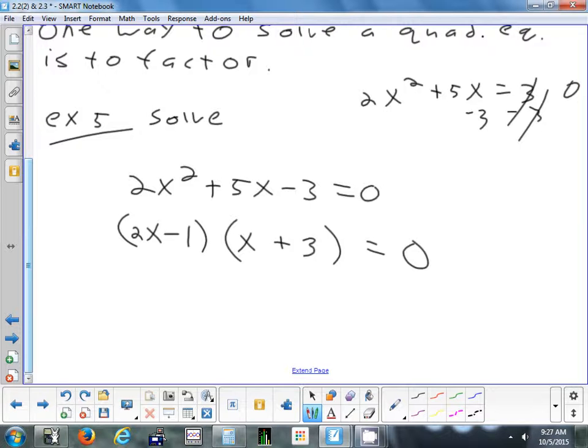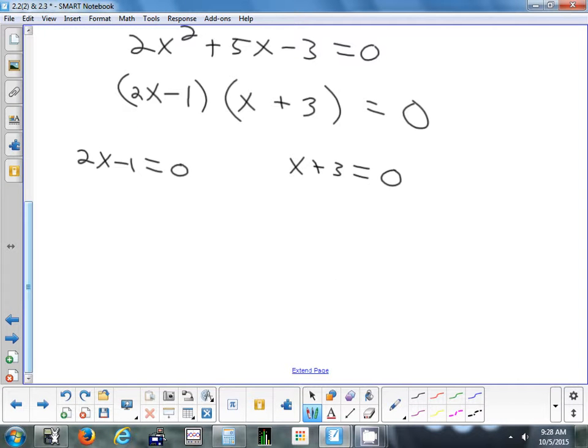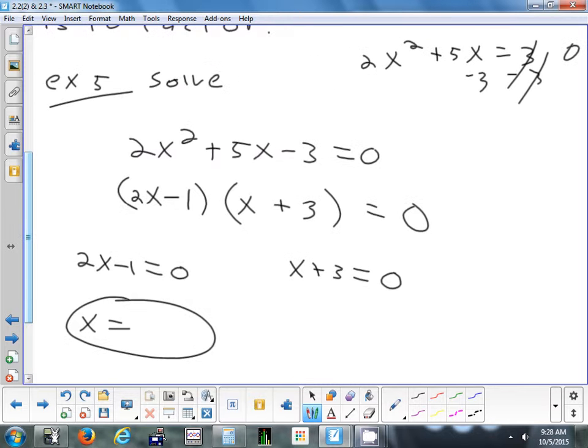All right, now, because we factored it, it makes it very easy to solve. This times that gives me 0. What's the only way you can multiply two things together and get 0? If one of them or both of them are 0. So either the first one has to equal 0, or the second one has to equal 0, or they could both equal 0. What value of x would make this first factor 0?